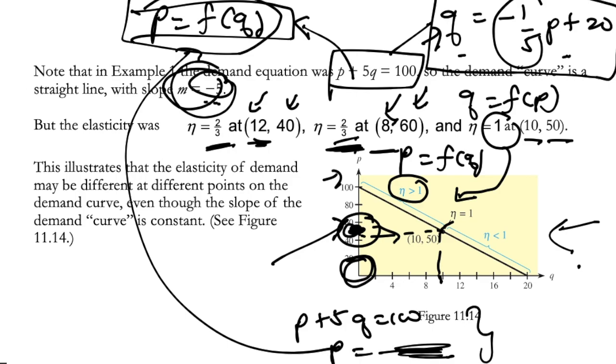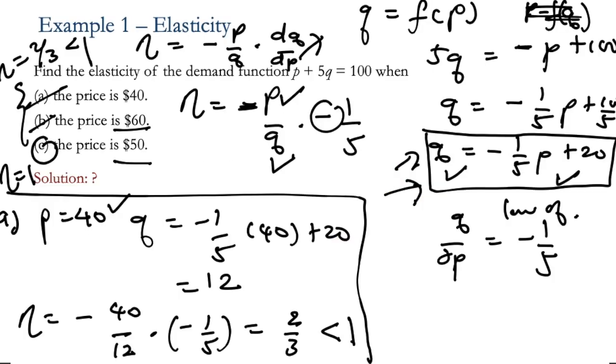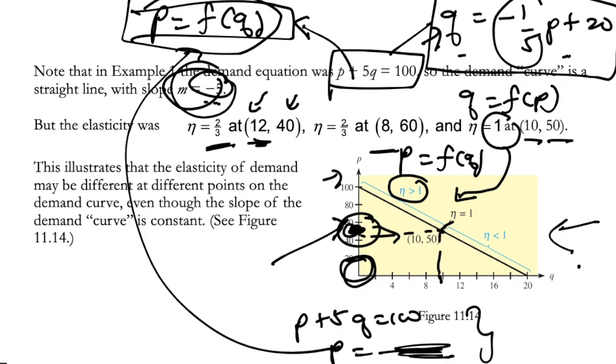Let me do some corrections here. There are some corrections that I realized just now, because I don't want to fix the previous video segment. So there's a correction for question B, which is price at 60. For elasticity, it shouldn't be 2/3 here. It should be 3/2, that means equivalent to 1.5.